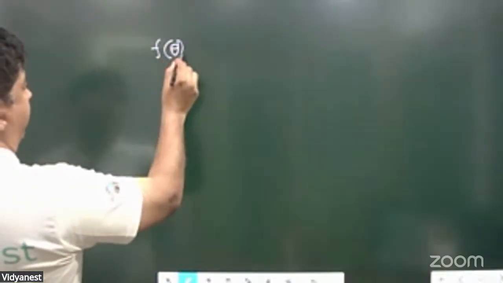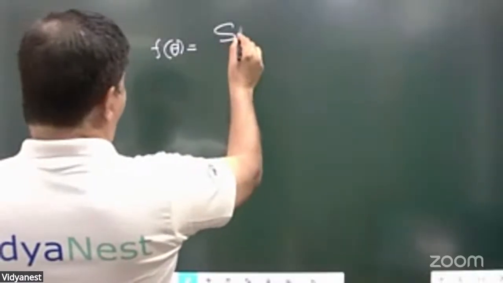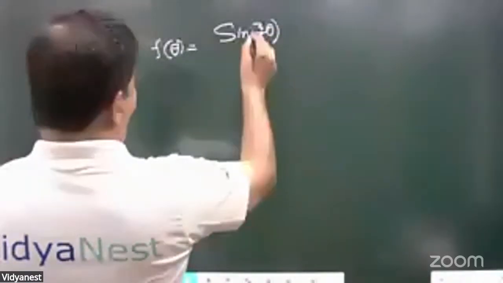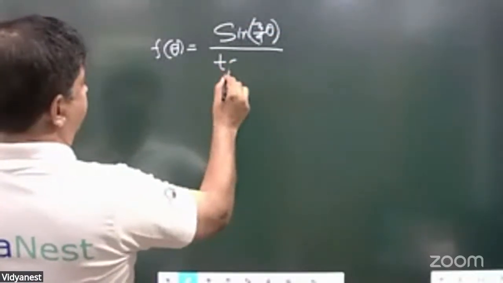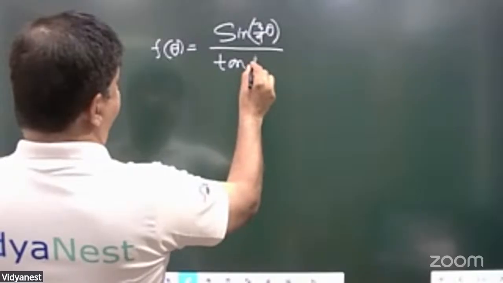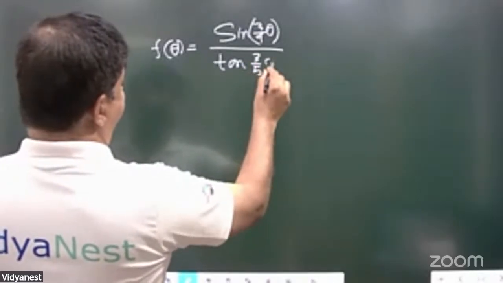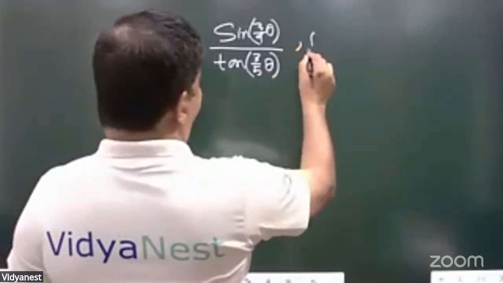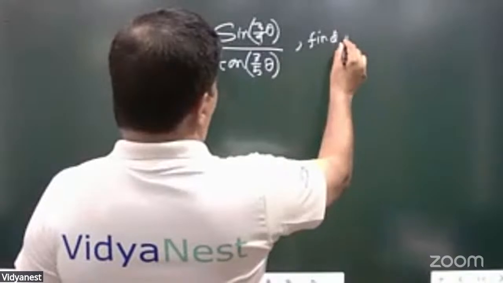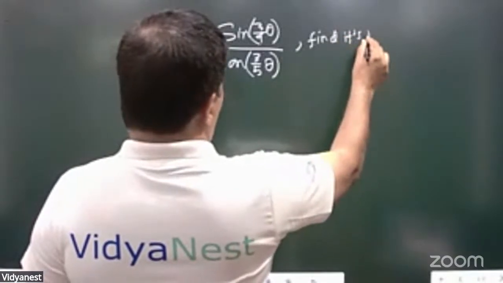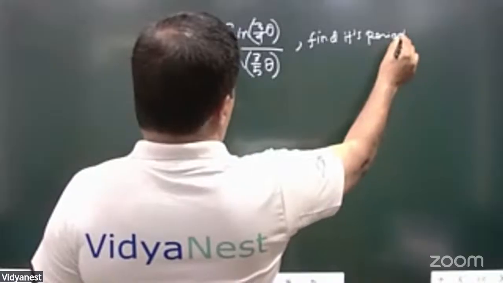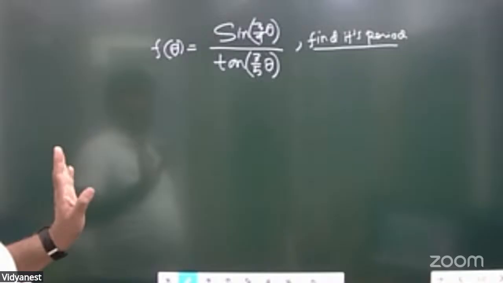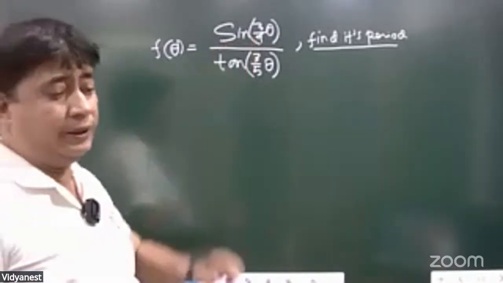Suppose you have got a function like this. Find its period. See, I have given you the shortcut trick.